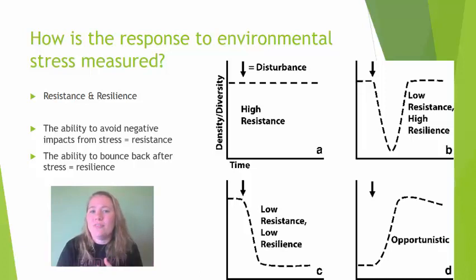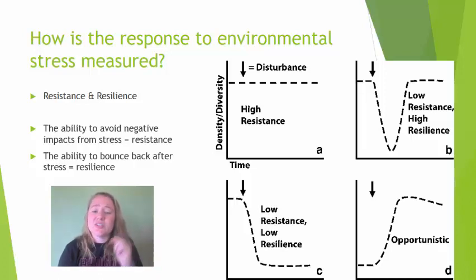Let's go back to that wildfire scenario. Maybe they burn off pretty quickly during the wildfire, so suddenly their population drops. That's very low resistance to change. But maybe that wildfire allows their seeds to start to sprout and grow better, so they're able to bounce back really quickly. That would be high resilience. So we see an initial drop and then a spike in the population.